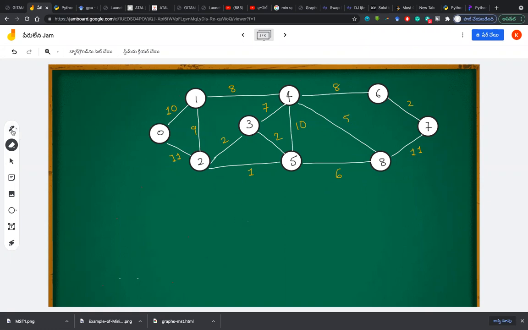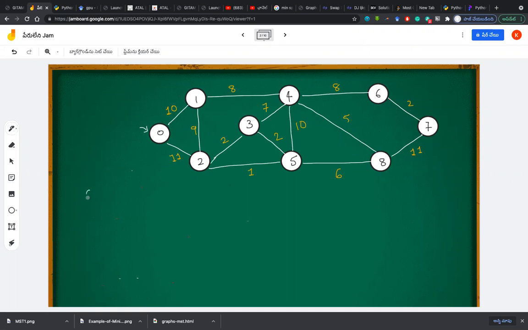Now, according to Prim's algorithm, first of all, we are starting at 0. This is our main target. See, tell me if my voice is not audible. If I'm starting at 0, I will look into 10 and 11. So what are the edges I need to write?